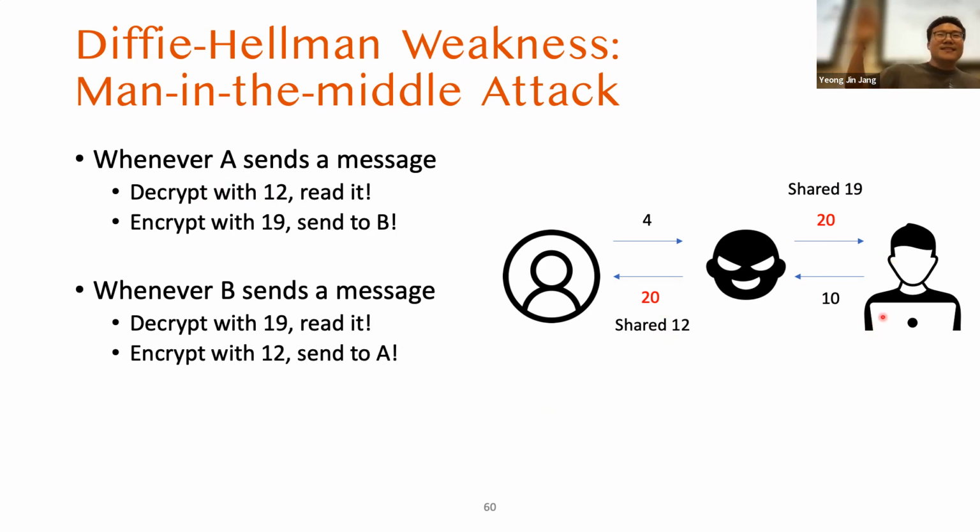If there's a message from B, decrypt with 19 and then encrypt again with 12. That will let the communication flow, but C can read everything.